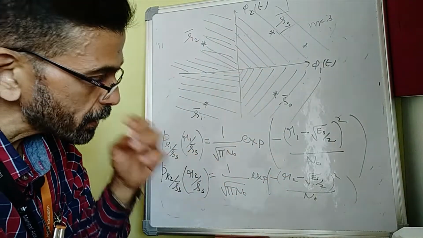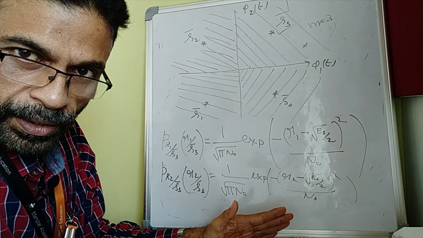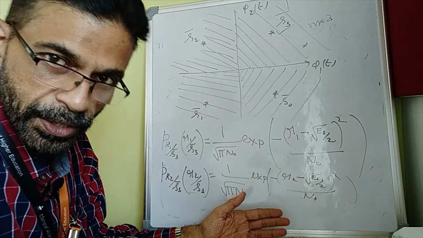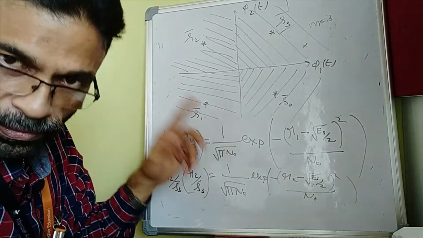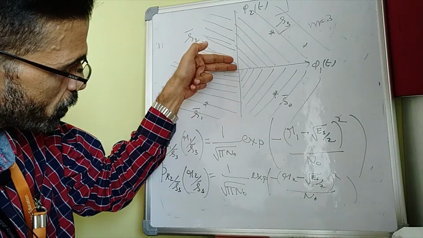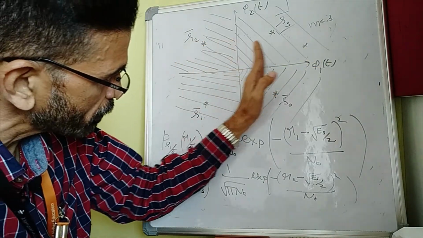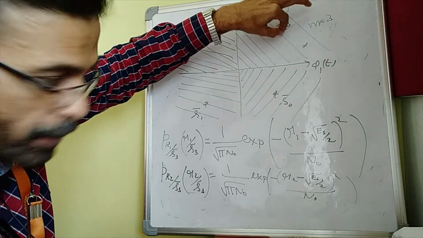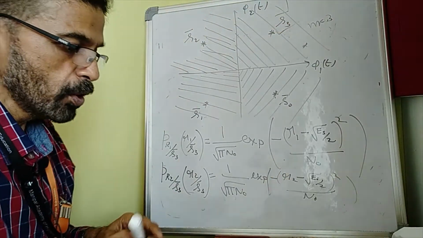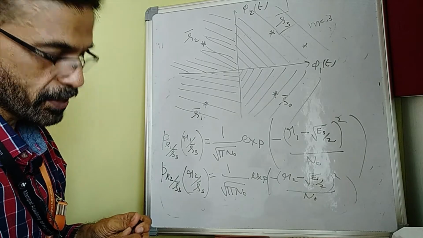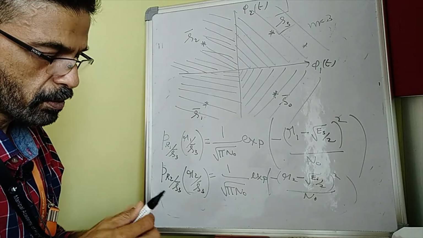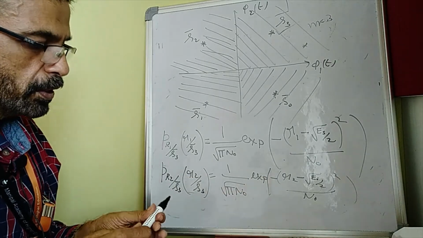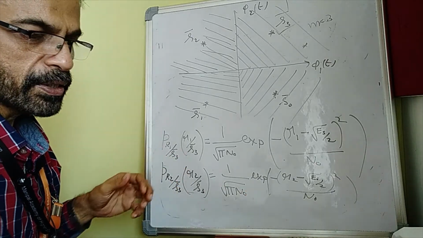So to detect S3(t) correctly, having transmitted S3(t), your R1 as well as R2 should both be greater than 0. Only then you are going to land in this quadrant. So probability of correct detection is when both R1 and R2 take a value greater than 0.